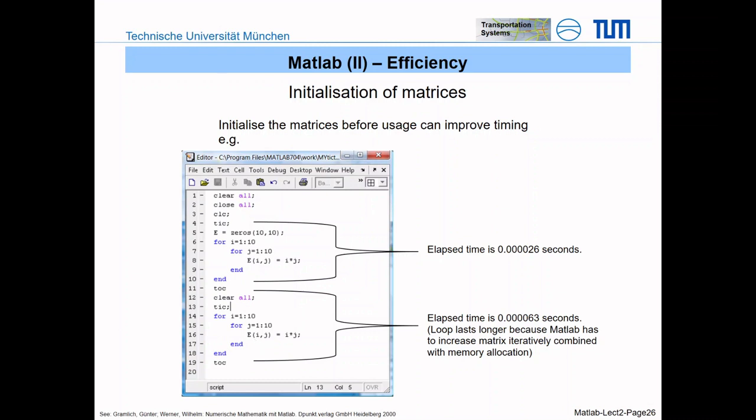Then we create a new larger matrix, we copy the old into the new, and we delete the old one. This happens inside of the computer, so there are a lot more actions here than there. And this knowledge can be used if you have large matrices, really large matrices with millions of lines of data. Then it is really tremendous if you have one third more speed than this here. Okay.